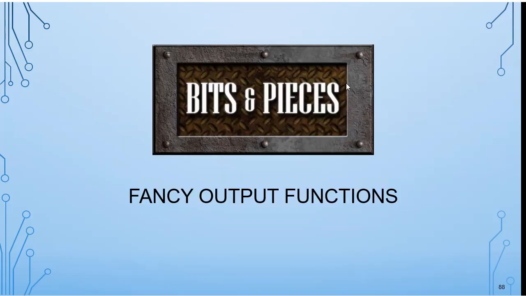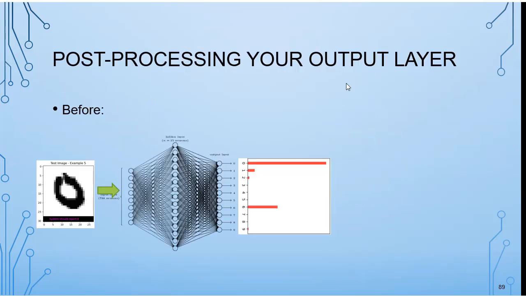But anyway, we can also talk about post-processing your output layer. Remember I said that usually all of our neurons use the same activation function inside of them. Sometimes you might want to take the output from your output layer and run it through a post-processor before you actually produce your final output.